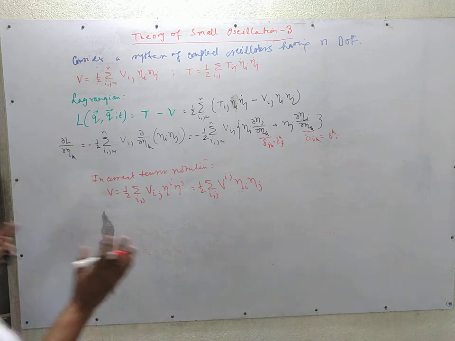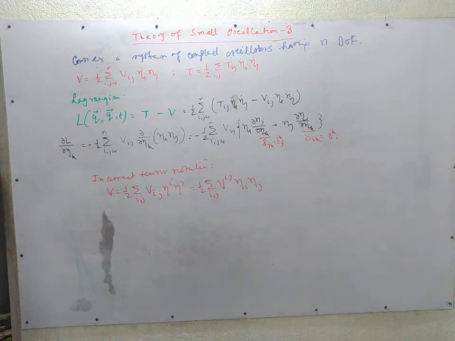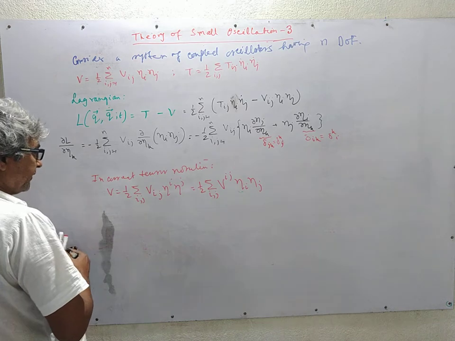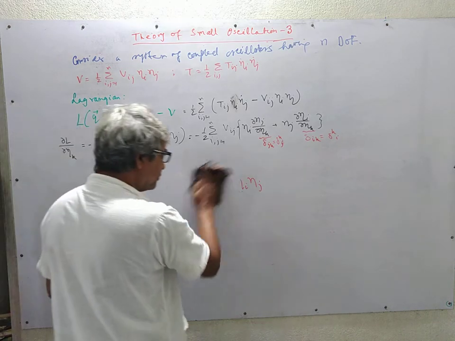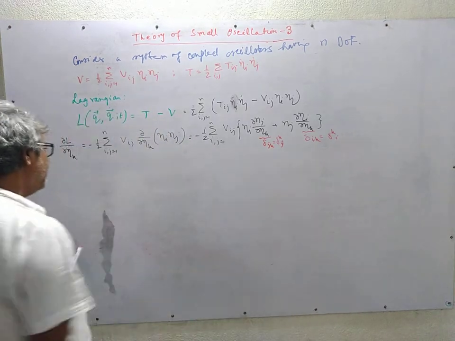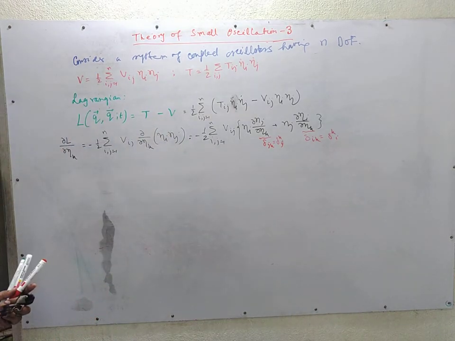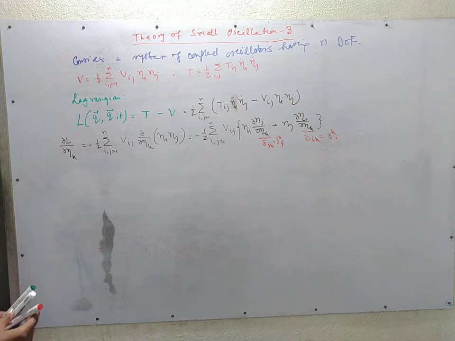But we are not going to use this tensorial concept, which is not required over here. So we use the notation that we are used to using in non-relativistic mechanics, where we do not make use of tensors.